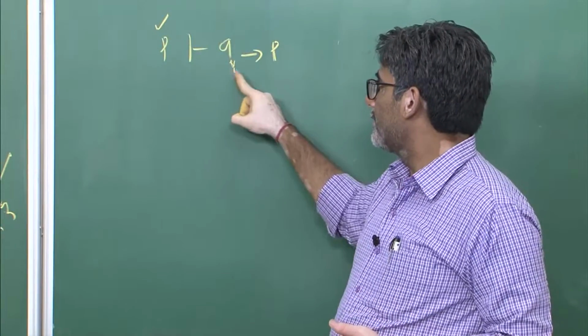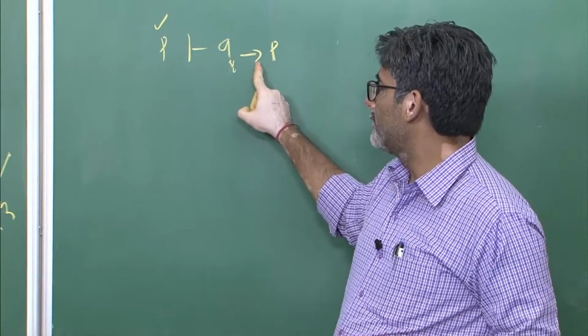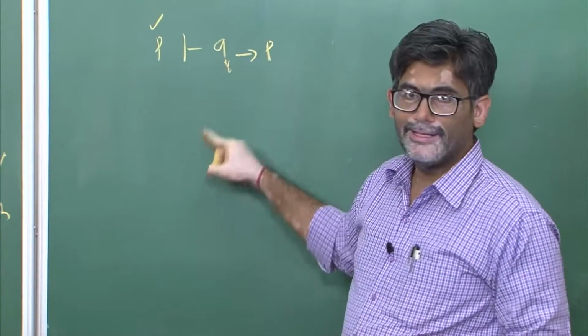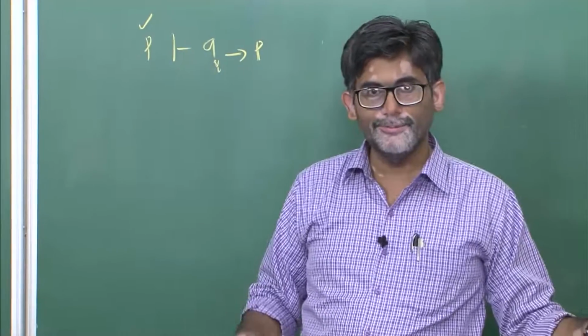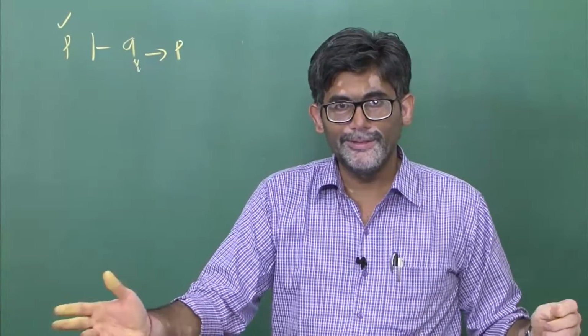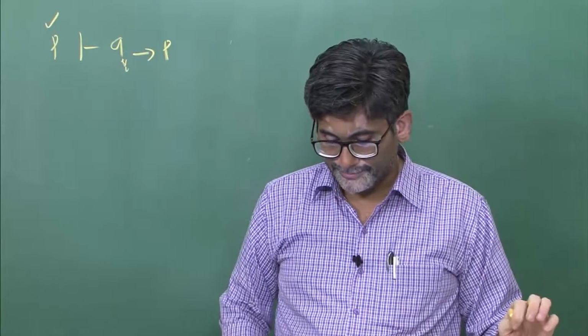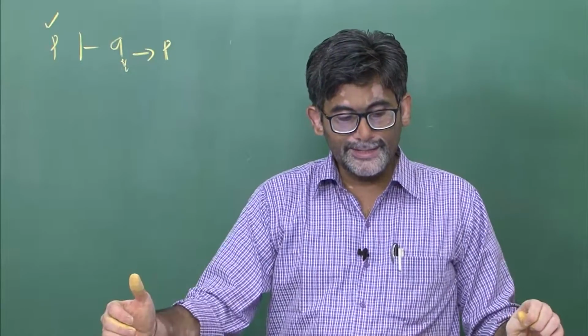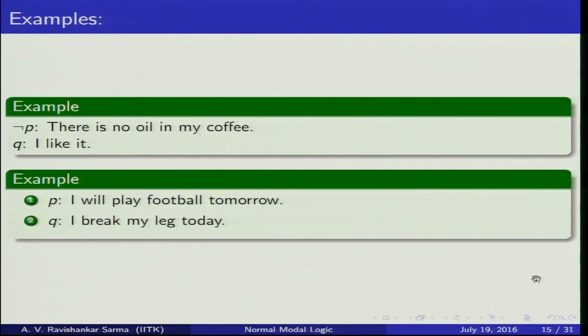From this you can deduce "I will play football tomorrow only when I break my leg," which is counterintuitive to us. Nobody will play football if they break their legs. So P, "I will play football tomorrow," follows from any strange proposition, that is, "I break my leg today."